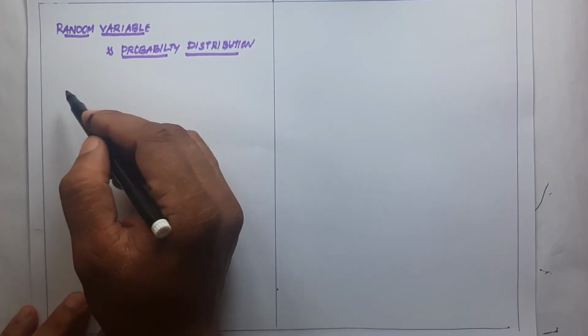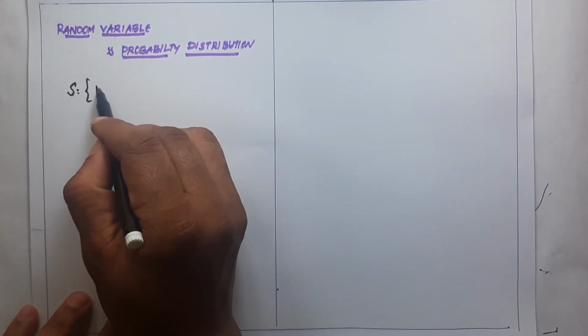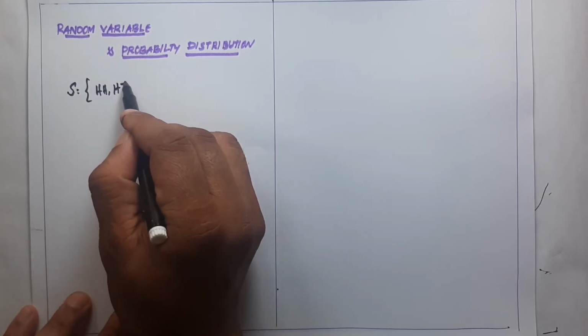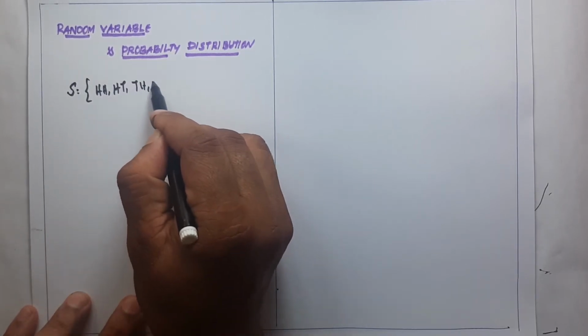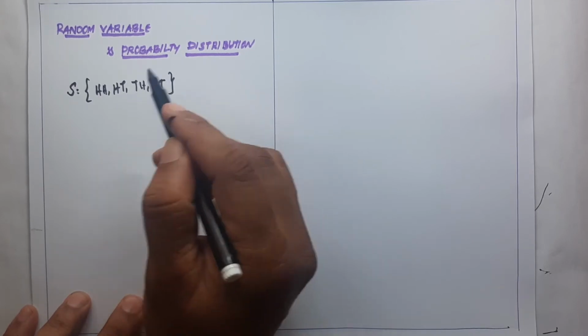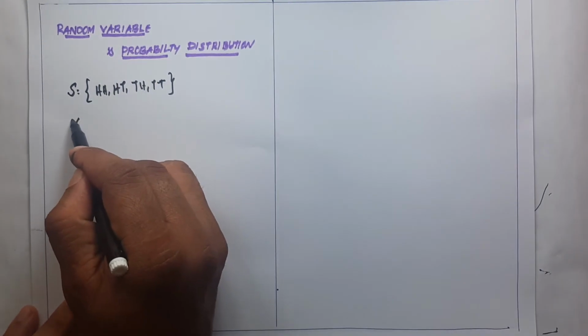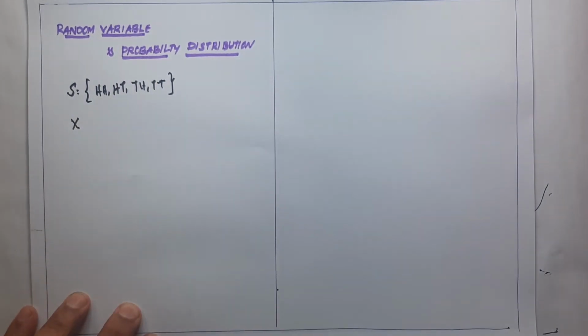The concept is this: when a coin is tossed 2 times, the possible outcomes are HH, HT, TH, TT. Commonly, random variables are denoted by the symbol X. Here, X denotes the number of heads in each outcome.